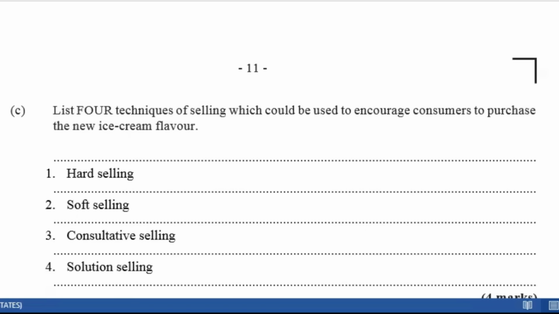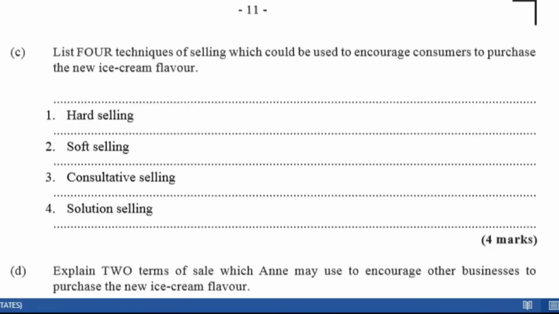And soft selling is more the soft approach, the sales rep is not so aggressive, and so yes, the sales rep will tell you about the product and so on, but with a little subtle persuasion to get you to purchase a product, and you can read up on the other types.